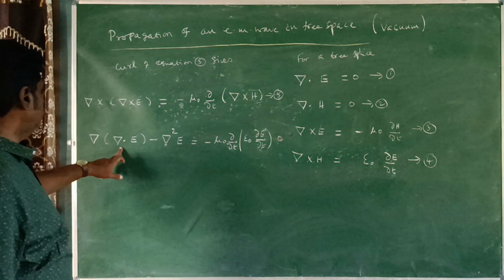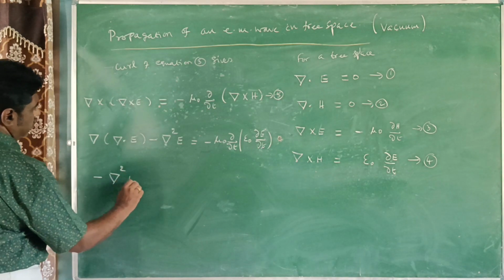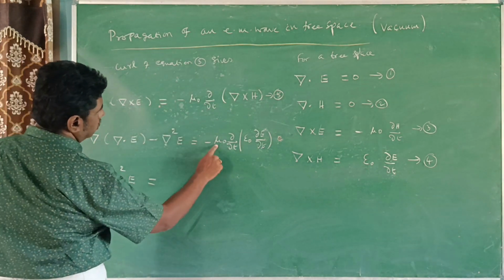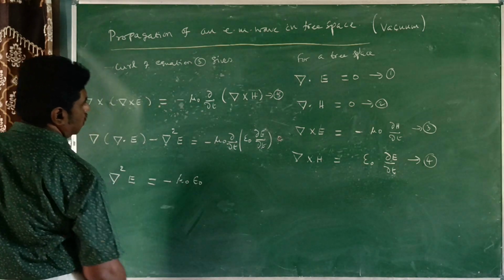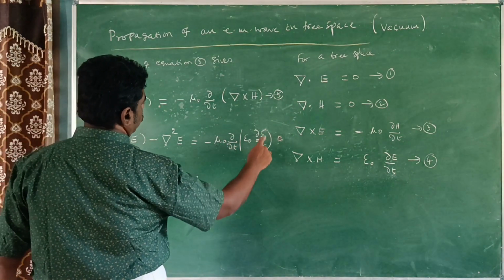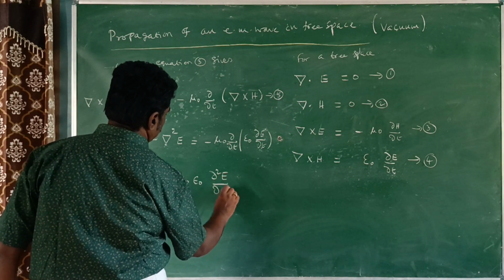So the left hand side is minus del square E, which is equal to minus mu naught epsilon naught dou by dou t of dou E by dou t, that is dou square E by dou t square.